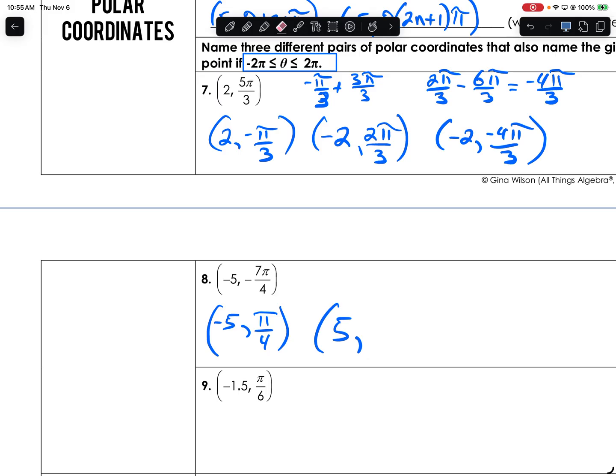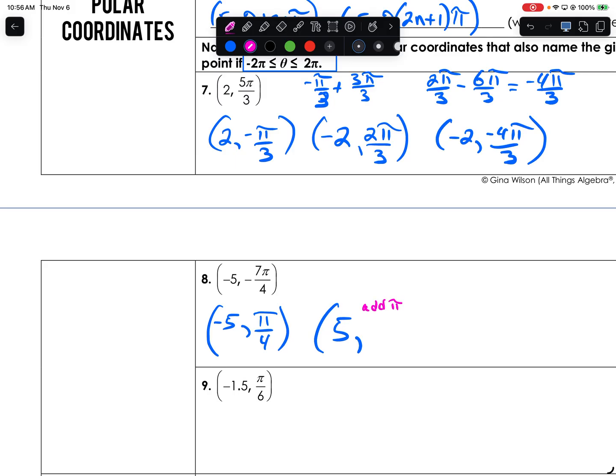Now I need to add the equivalent of pi. It doesn't matter which one I add it to, so you just pick one. Doesn't matter at all. When you switch from negative to positive, you have to add pi.